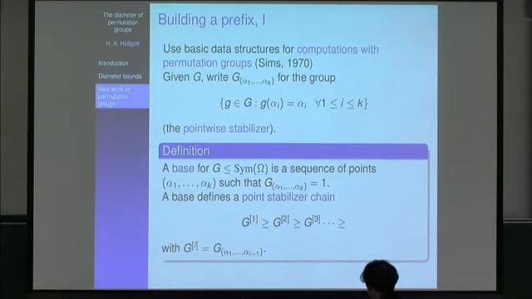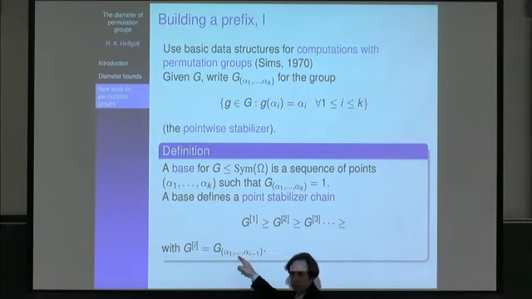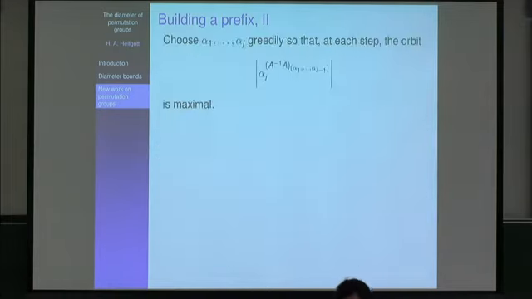When I use parentheses here, I really mean the pointwise stabilizer, so the elements that leave every single point here fixed, rather than the set-wise stabilizer, which consists of the elements that permute these elements, possibly trivially. All right, so we choose this chain of stabilizers so that at each step the orbit is of maximal size.